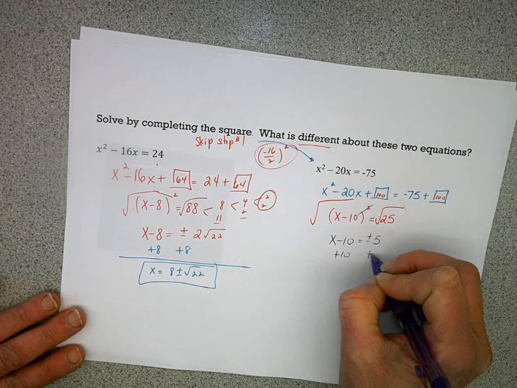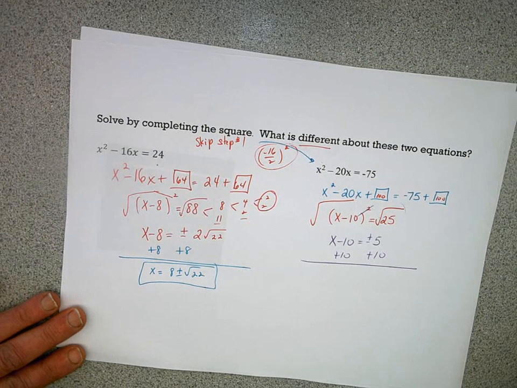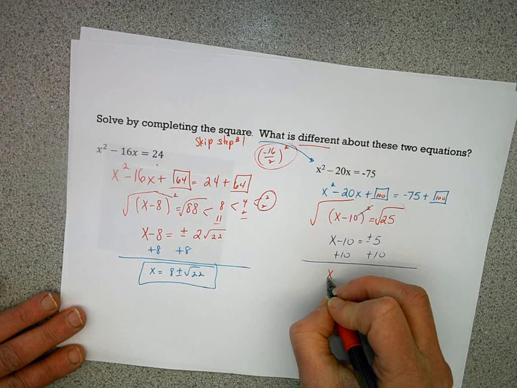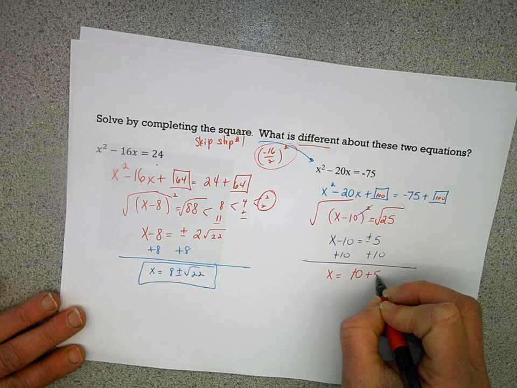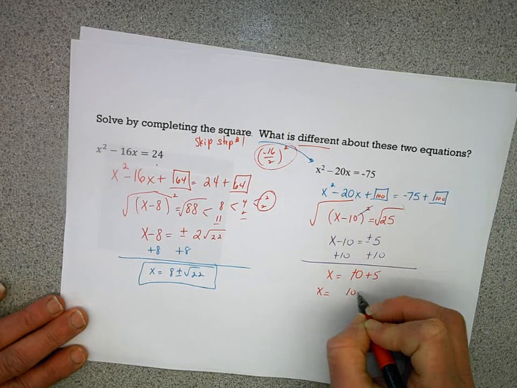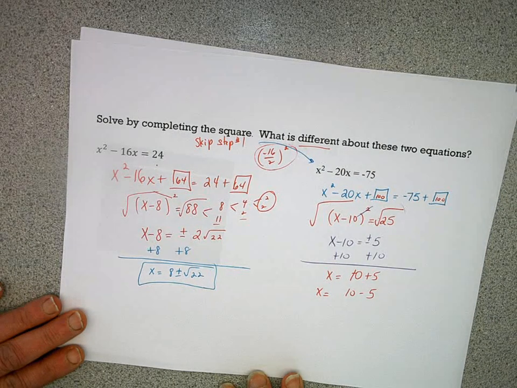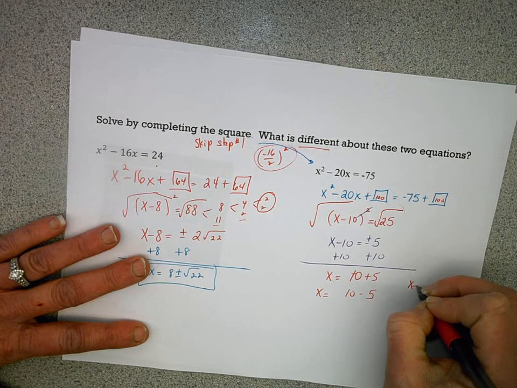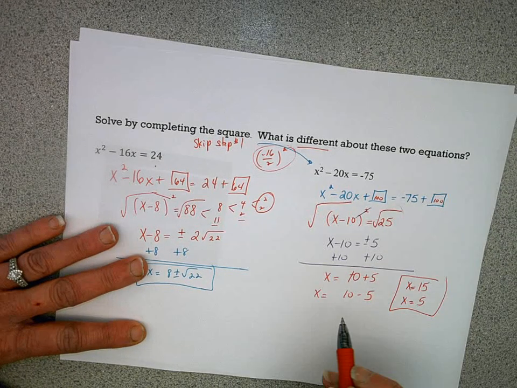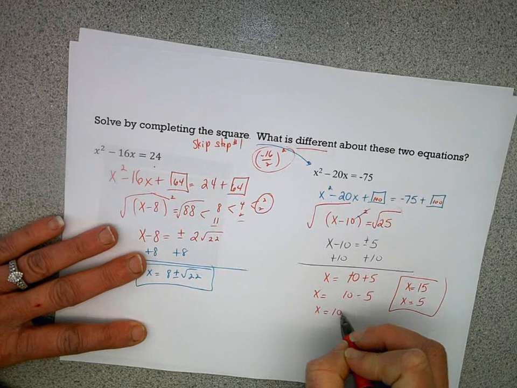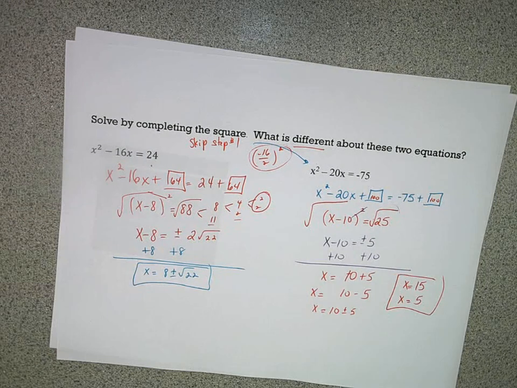So make sure that you actually simplify this like we did last chapter. So this would be x equals 10 plus 5, and x equals 10 minus 5. A few of you on the test didn't simplify it. So your answer is 15 and 5. If you left it like this, you will not get full credit. You actually have to simplify.